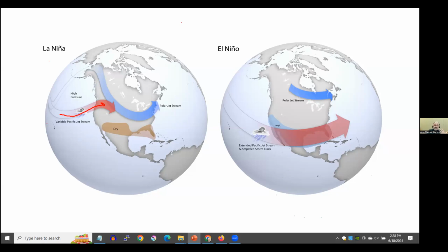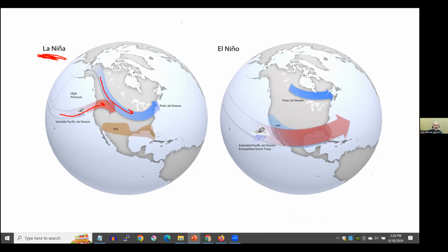The upper jets have a very important role in modulating the weather and climate in different locations. So whenever you have a La Nina, the upper jet in the western United States goes to the north, right? And this is called the polar jet. It's another jet that comes from the poles and digs into the Northeast United States.